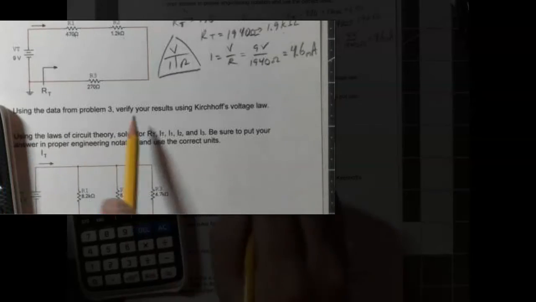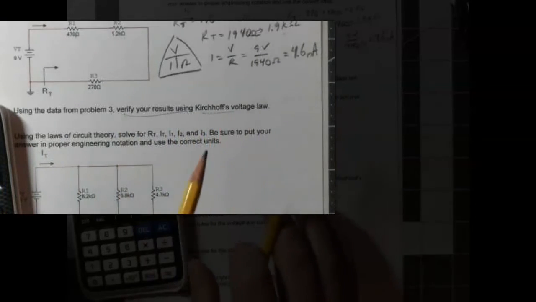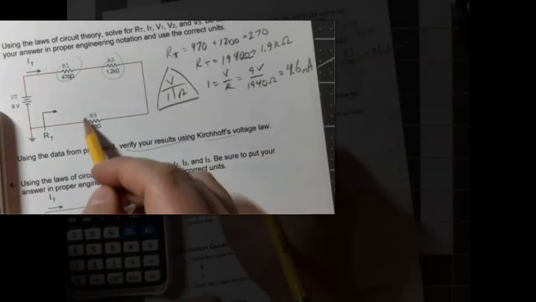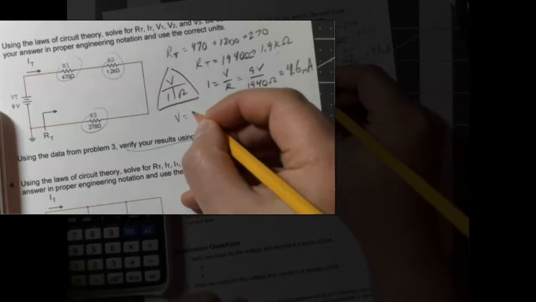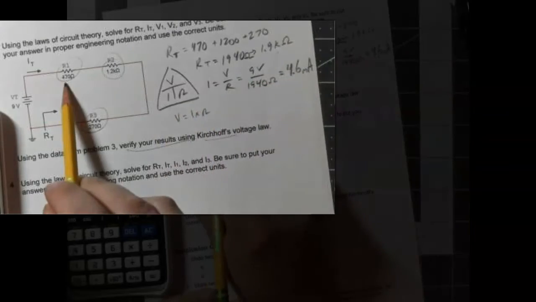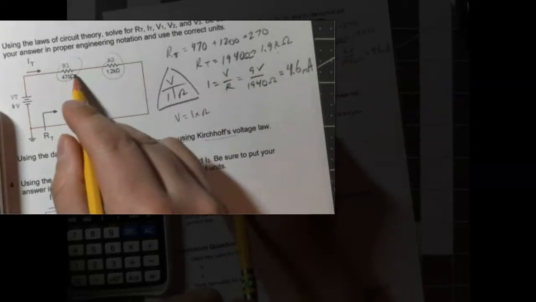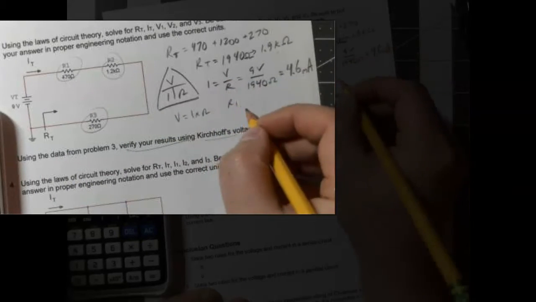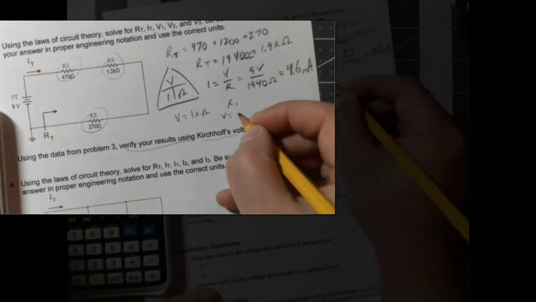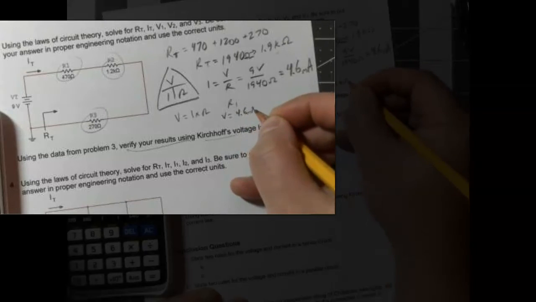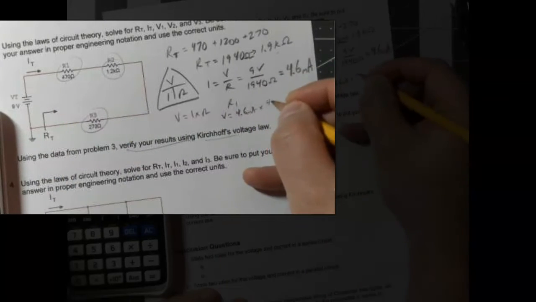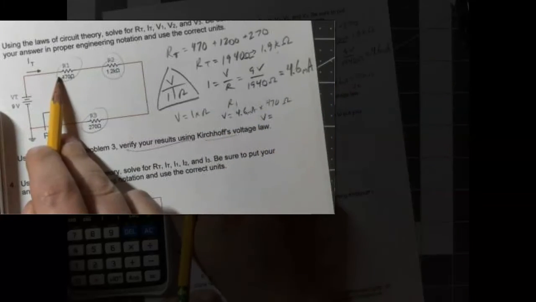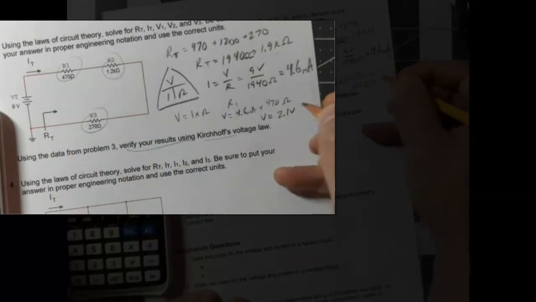Okay, so if we wanted to verify our results using Kirchhoff's voltage law, for each resistor we would have to do V equals I times R. So for example, for R1, we would say the voltage is equal to 4.6 milliamps times 470 ohms. If we calculate that, the voltage across here is going to be 2.1 volts.